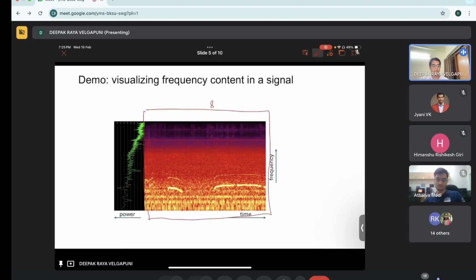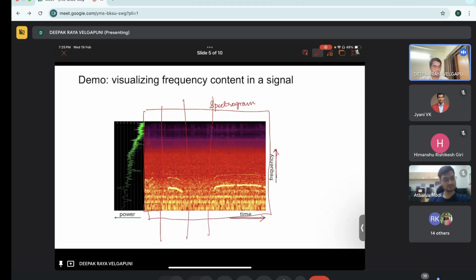This is called a spectrogram. Here on the x-axis is time and the y-axis is the frequency in hertz. So you can divide this whole segment into time segments. In these segments, what is the frequency content?